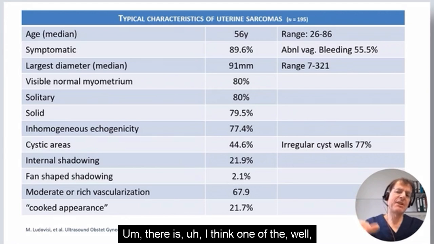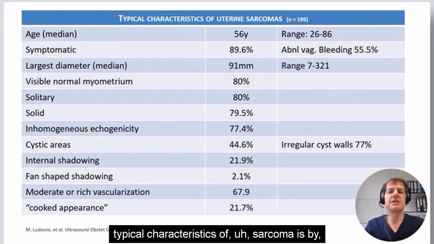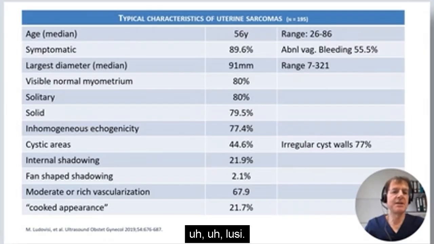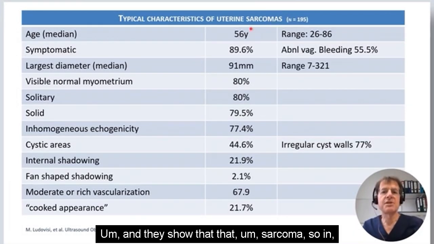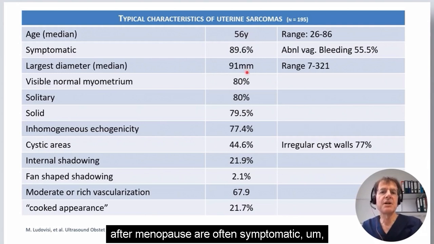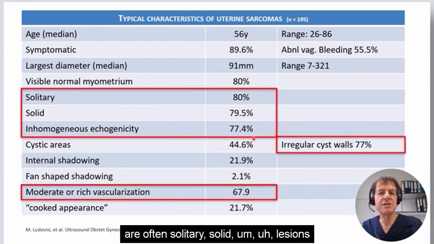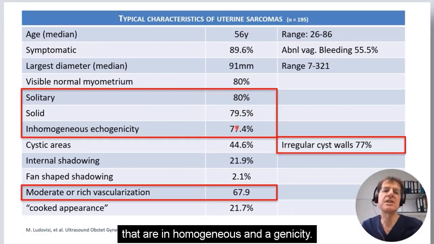I think one of the best retrospective studies about the typical characteristics of sarcoma is by Ludovici, and they showed that sarcomas in patients after menopause are often symptomatic, often solitary, solid lesions that are inhomogeneous in echogenicity.